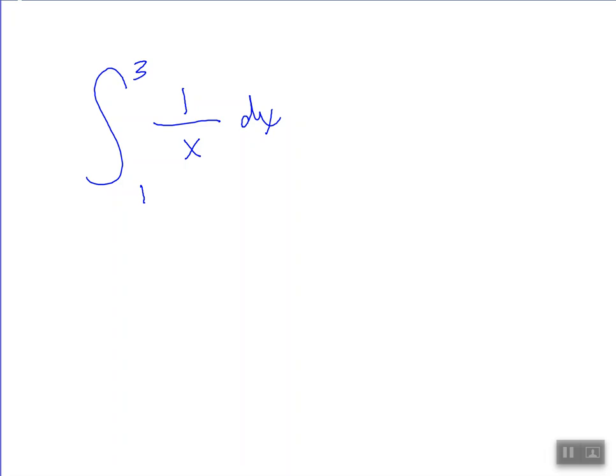All right, I do want to quickly go over definite integrals because everything I just talked about was indefinite, but if you can do those previous problems, you can do this one. And so I just want to review what to do with those boundaries. So the first thing you're going to do is integrate the way you normally would. So the integral of 1 over x, ln of x, the absolute value.